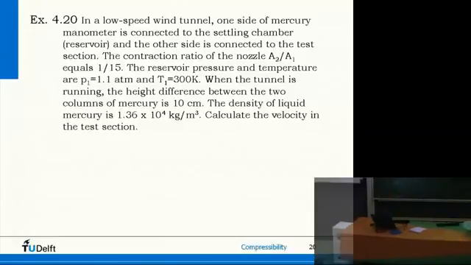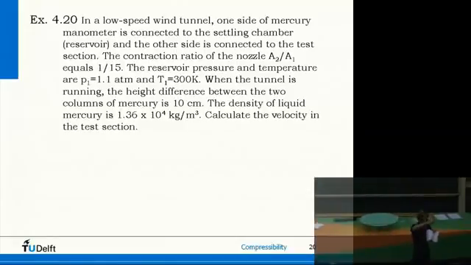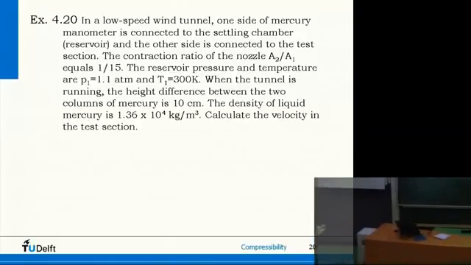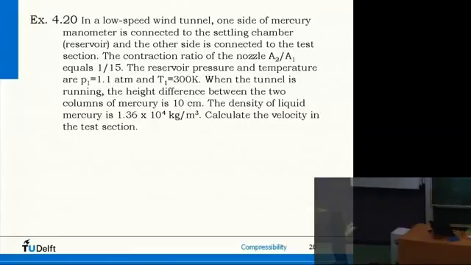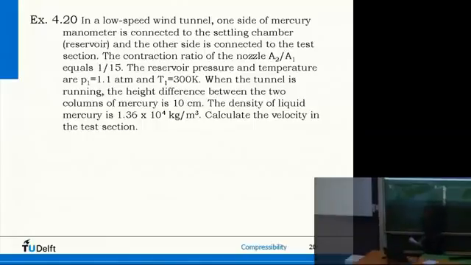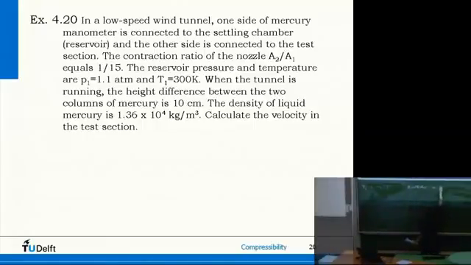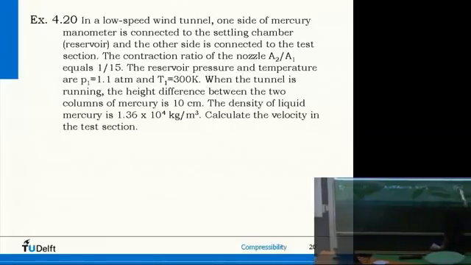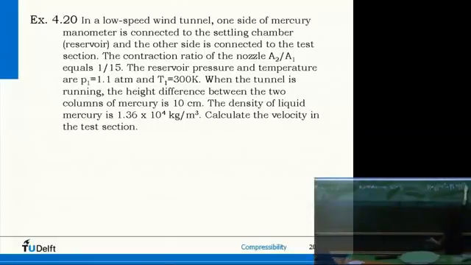So area 1 is the large area, area 2 is the small area. So area 1, large area, low speed. And then in incompressible flow, we decrease the area, the speed increases, right? So what I used is A1 is 15 A2, so V2 is larger than V1, and then in Bernoulli, of course, P1 plus half rho V1 squared equals P2 plus half rho V2 squared.